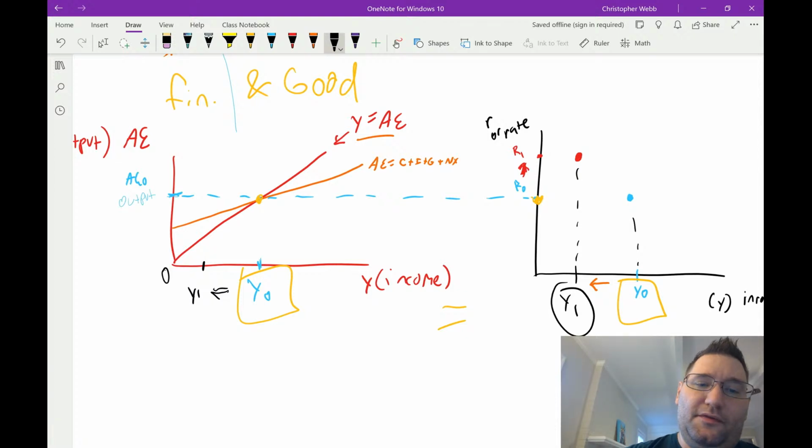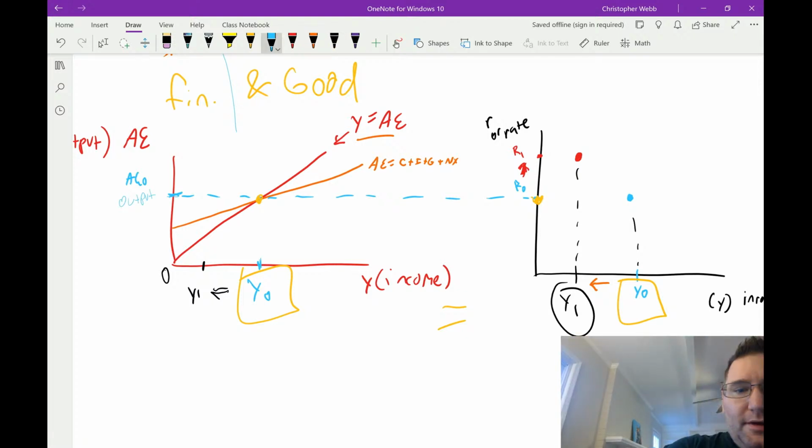So when this shifts down towards 0, what happens is the overall aggregate model must stay on the Y equals AE graph down to the new location, which is right here. This means it's AE2 or 1, which equals C plus I plus G plus NX.